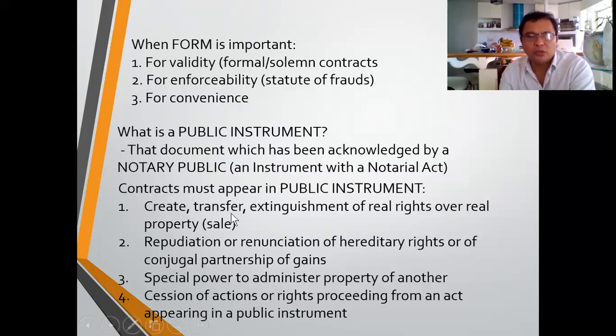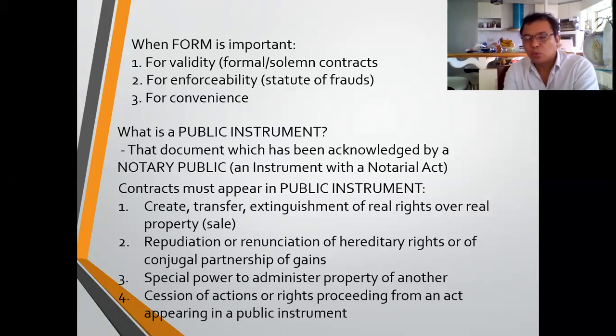So these are the contracts which must appear in public instrument. Number 1, those creating, transferring, or extinguishing real rights over real property. Number 2, repudiation or renunciation of hereditary rights or of the conjugal partnership of gains. So if you do not want to receive part of your inheritance, or you want to renounce, meaning you're waiving, it needs to be in writing and specifically in public instrument.